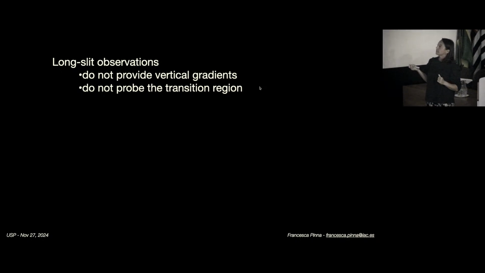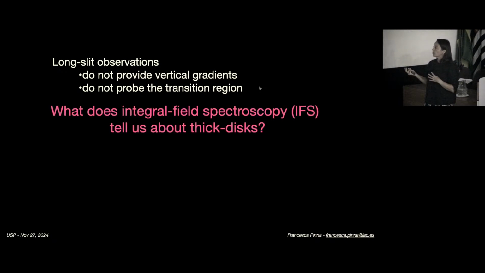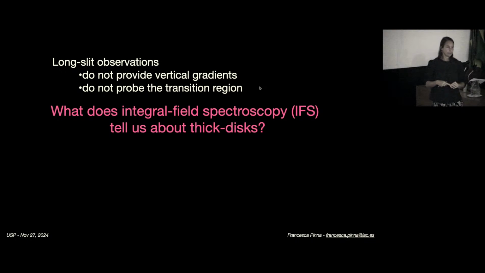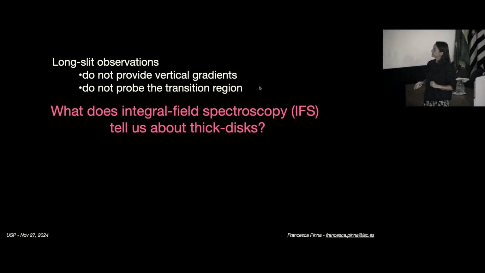Also, long slit observations did not probe the transition region between the thin and the thick disk, which is also very important to understand the connection and the transition from a single disk structure to a double disk structure in a galaxy. So to do this, we had to wait a bit more for integral field spectroscopy, which provided very important pieces of information on the origin of thick disks.